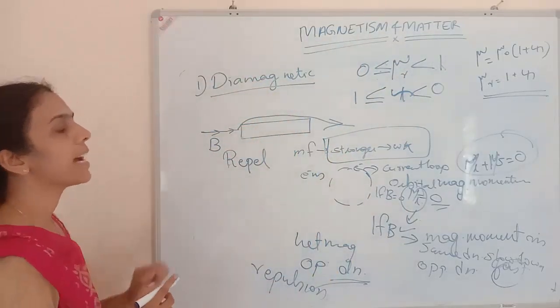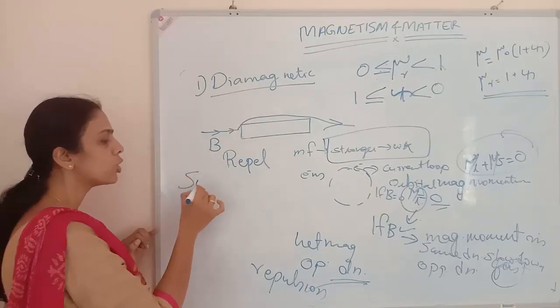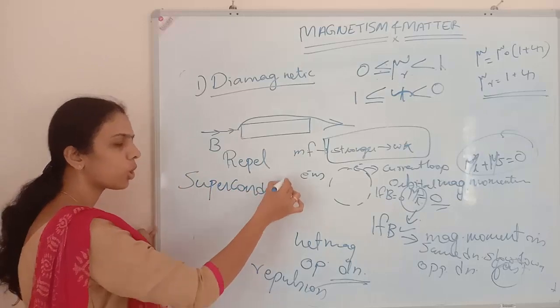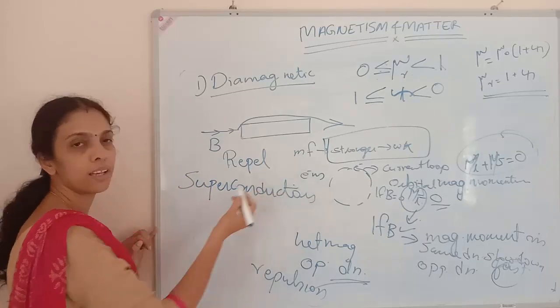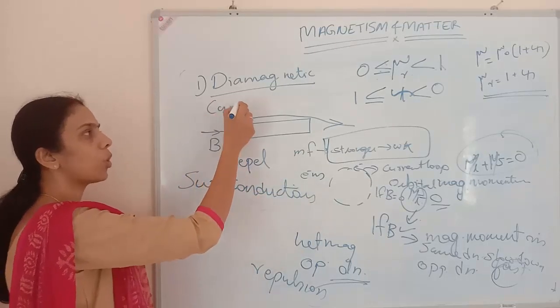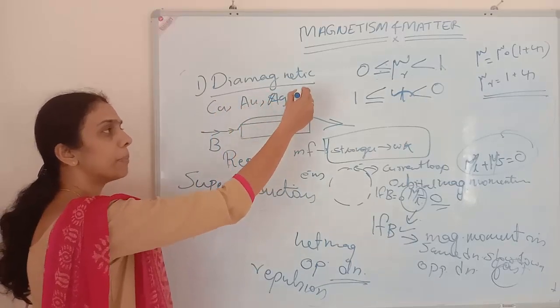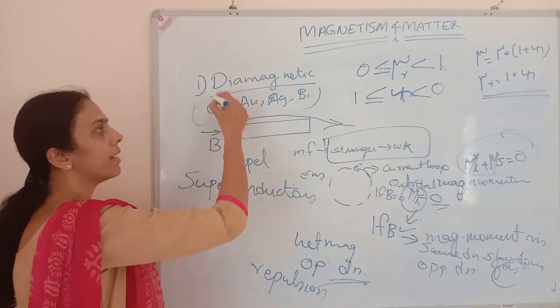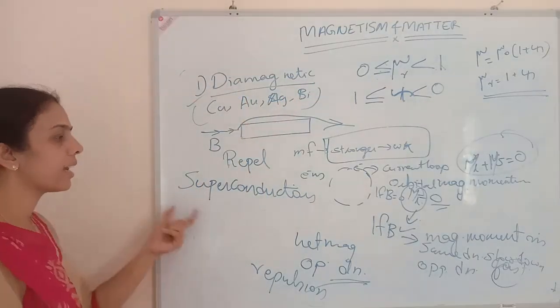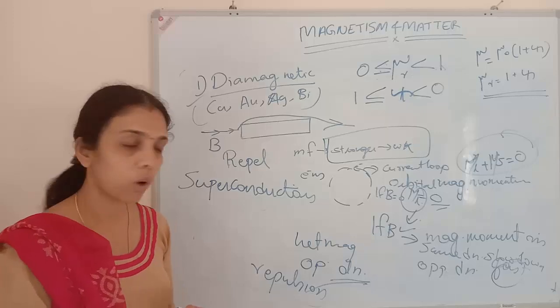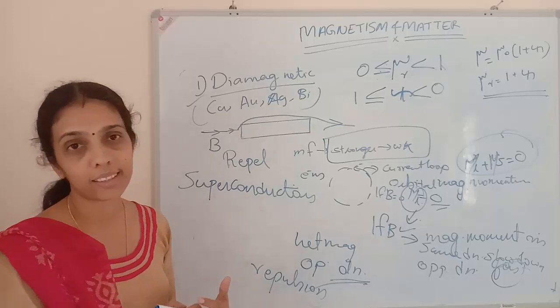And the best diamagnetic substances are superconductors, considered the best exotic diamagnetic substances. Examples of diamagnetic substances are copper, gold, silver, and bismuth. All these are diamagnetic substances. But the very good diamagnetic substances are called superconductors.